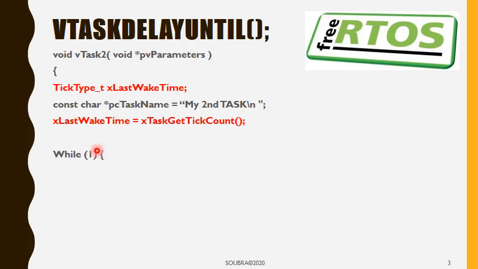All right, so I said a periodic task is a perpetual loop, so this is my while true, while one, doesn't really matter.